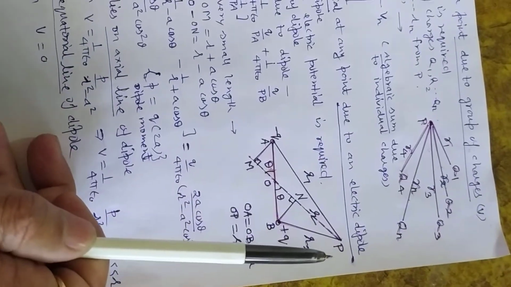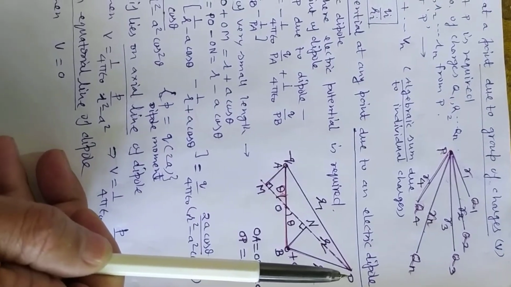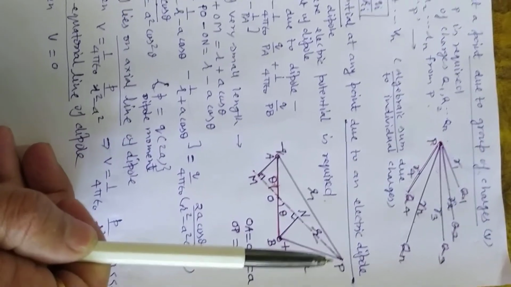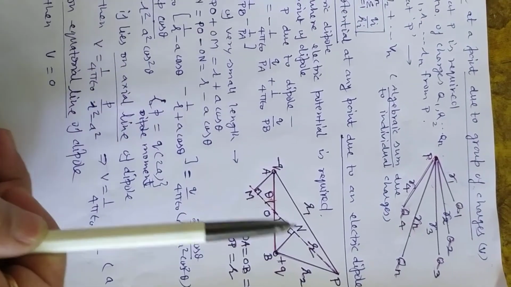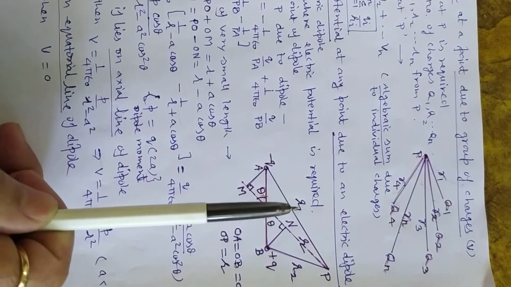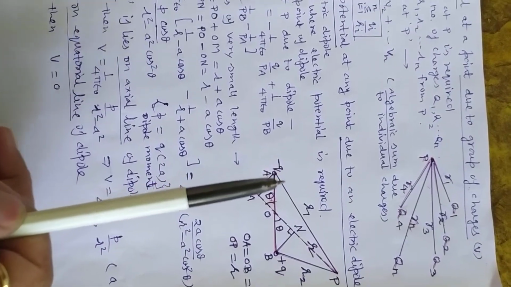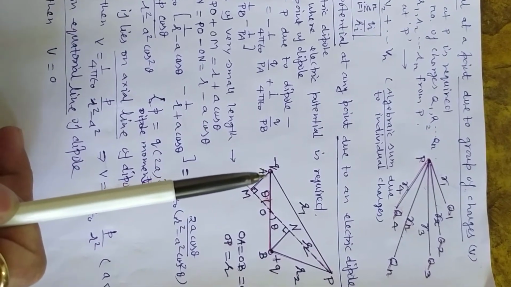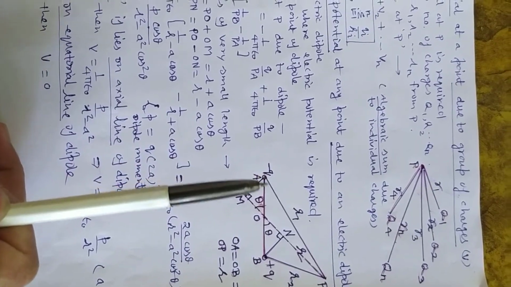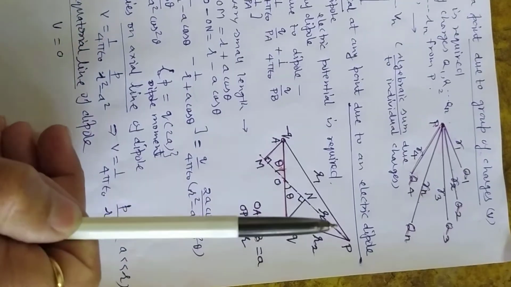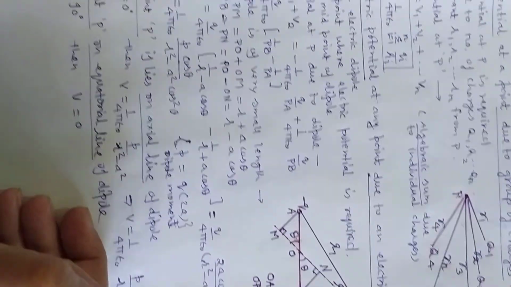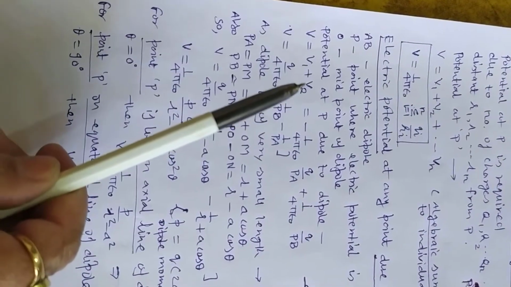First of all, let us have the point P where this electrostatic potential is to be determined. Let this P be distant R from the midpoint of the dipole, and R1 and R2 respectively be the distances of A and B, or minus Q and plus Q charge, from the point P where potential is to be determined.